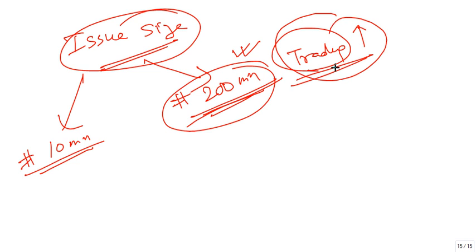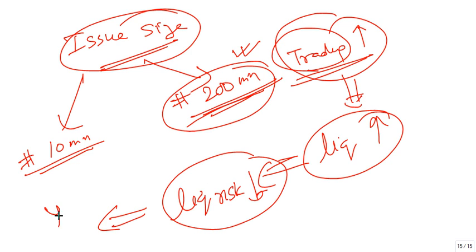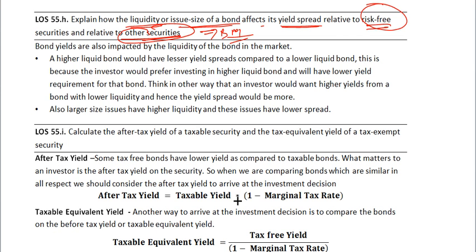Since the trading is more, there will be higher liquidity, and when there is higher liquidity, there will be lower liquidity risk. As a result, your yield will be lower, right? So those bonds which have a higher issue size, you find that their yield will be lower, or spreads will be lower, or their risk will be lower, right? So the scope of the 55.h LOS was this.